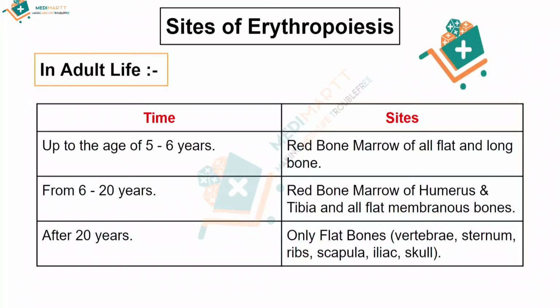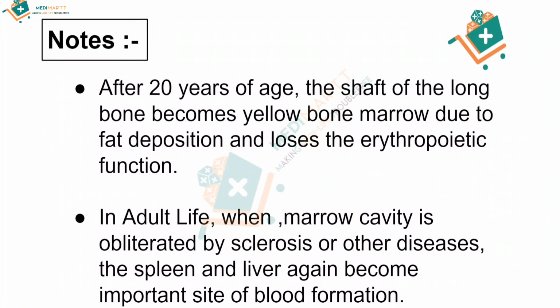Then after 20 years of age, the site of erythropoiesis is only the flat bones, which include the vertebra, the sternum, the ribs, the scapula, the iliac bones, and the skull. Okay, so this is about the sites of erythropoiesis. Now there is something to note.